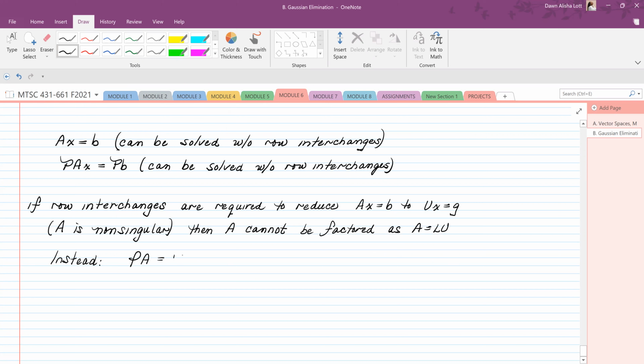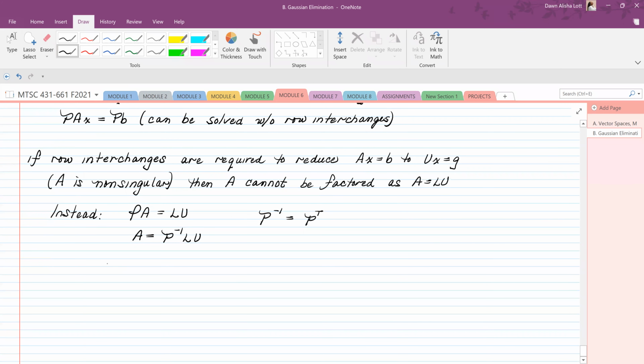Okay, now P is, remember, P is simply a matrix with the rows switched. So P inverse just switches those rows back. Okay, so A then is P inverse LU. And P inverse simply equals P transpose.